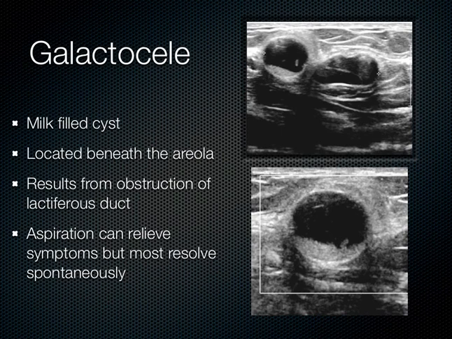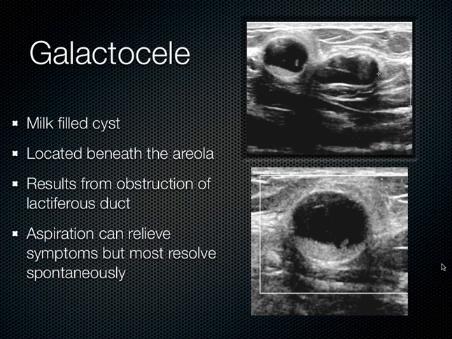Whereas a galactocele, that's also a cyst, but it's filled with milk, and it's usually right underneath the areola, and it occurs from an obstruction in one of the lactiferous ducts. Sometimes these can resolve spontaneously, but occasionally you need to aspirate them to relieve the symptoms from this obstructed duct.